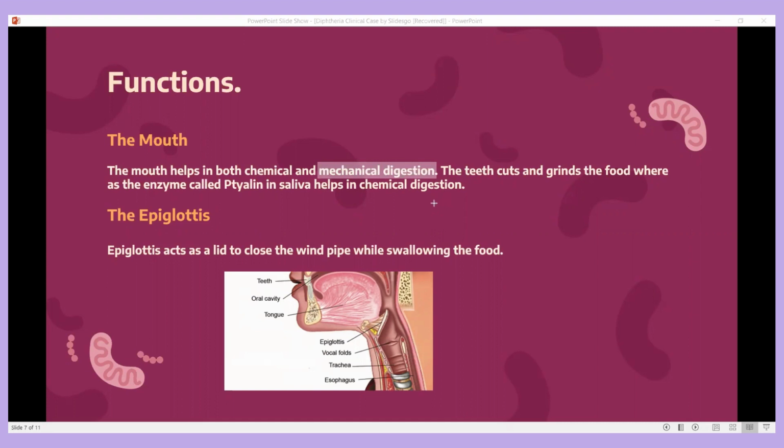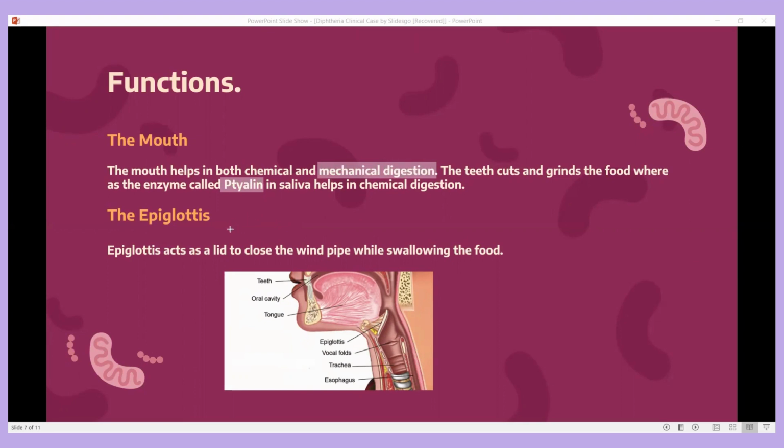But what about the chemical digestion that takes place in the mouth? Well, in our saliva, we have an enzyme called ptyalin, which helps in the digestion of glucose. So the glucose can be directly digested in the mouth itself because of the ptyalin present in our saliva.